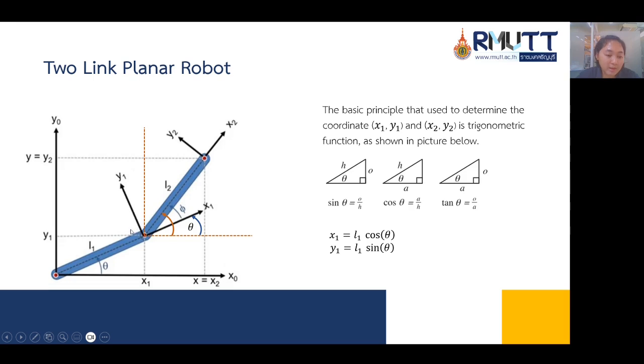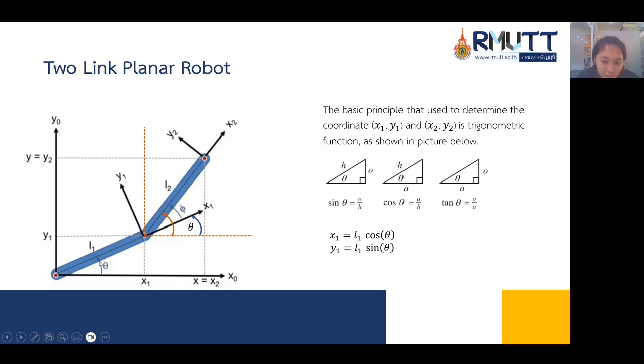And then we can determine the coordinate x1, y1 by using the principle of trigonometry. This is the coordinate x1, y1. This is the triangle to determine x1 and y1. So from the angle theta, we can calculate x1 and y1. This is the length of x1 and this is the length of y1.